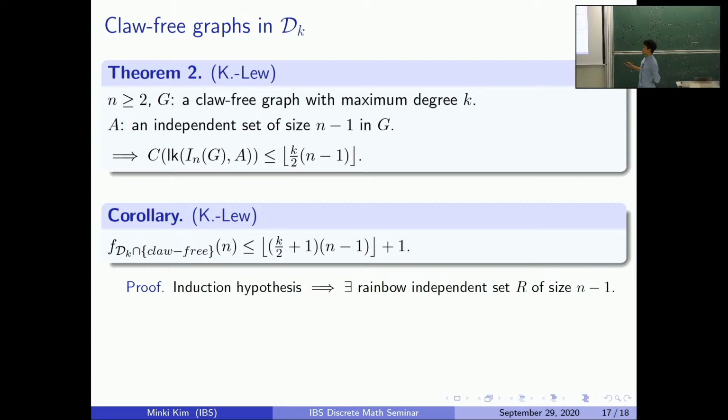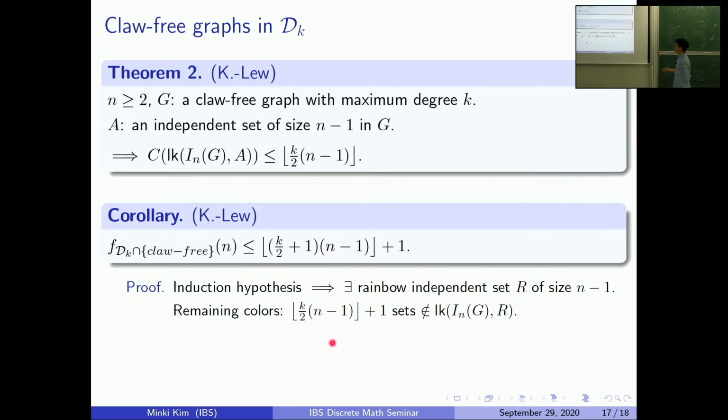We first apply the induction hypothesis to find a rainbow independent set of size n minus 1. We still need one more. Then, subtracting n minus 1 from here, we still have this many color classes that are not a face in the link.